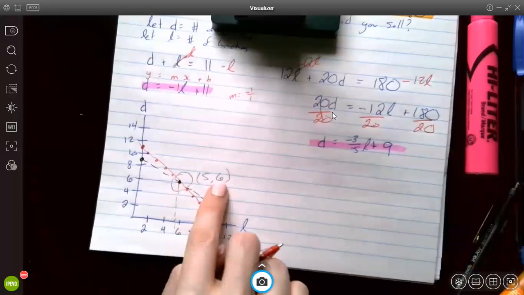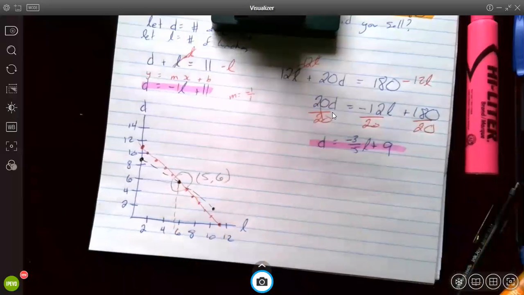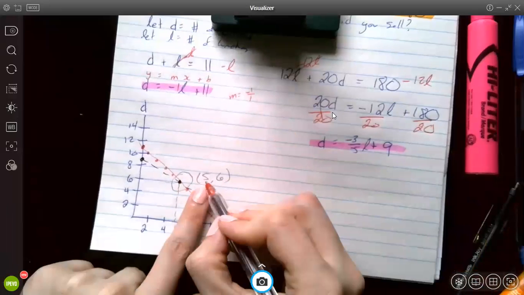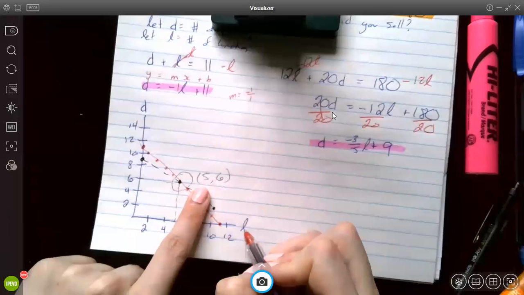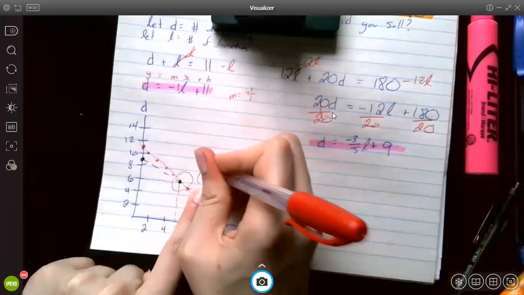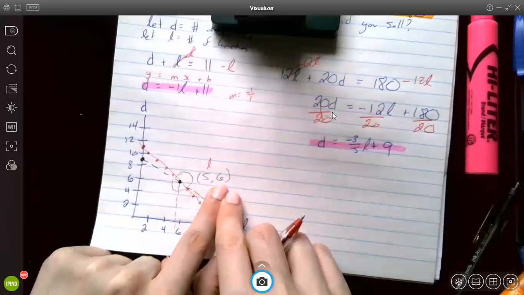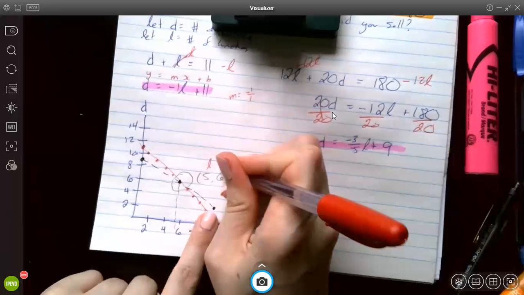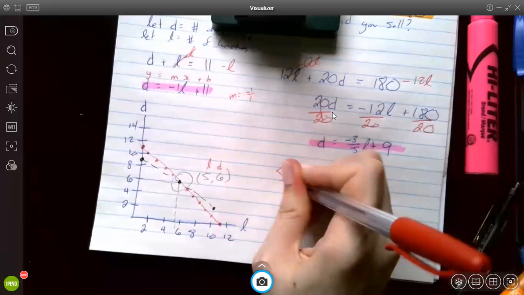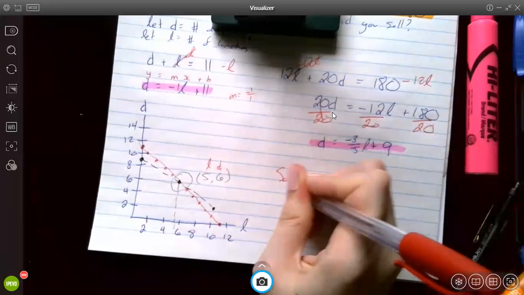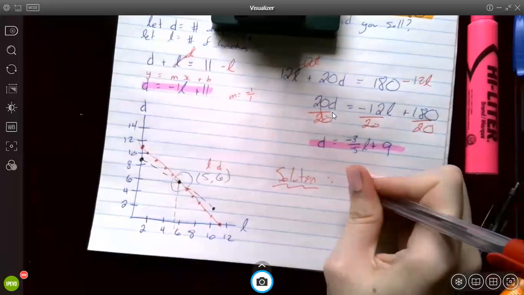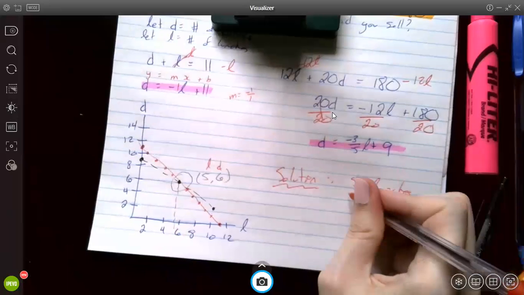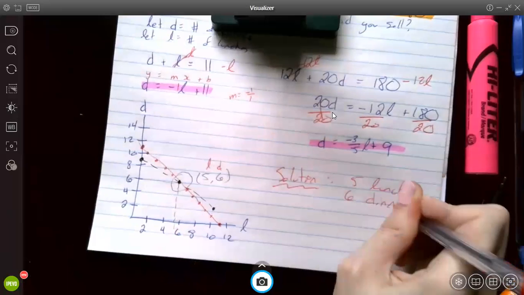That coordinate is my solution. So because this is my x value of a coordinate, which in this case is my L value, and this is my y value of the coordinate, which in this case is the d value, that means that my solution is 5 lunches and 6 dinners.